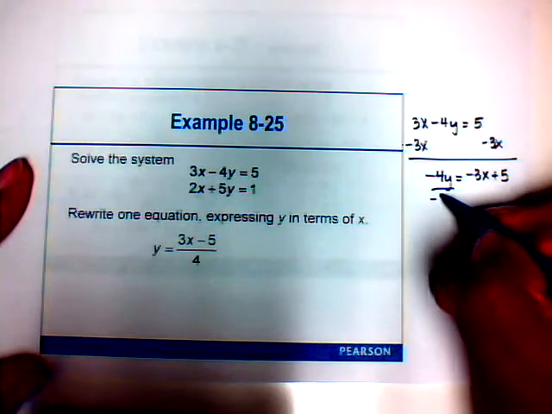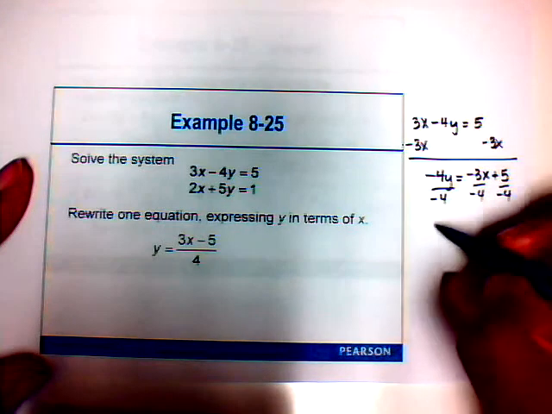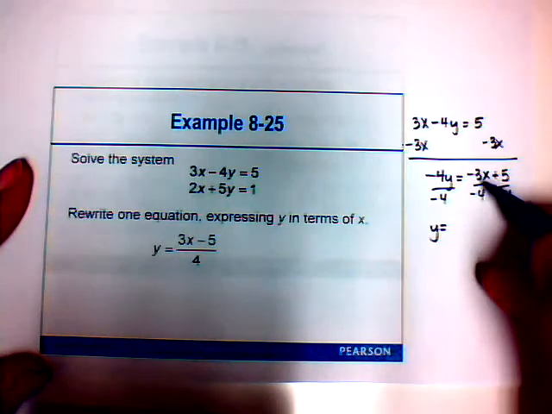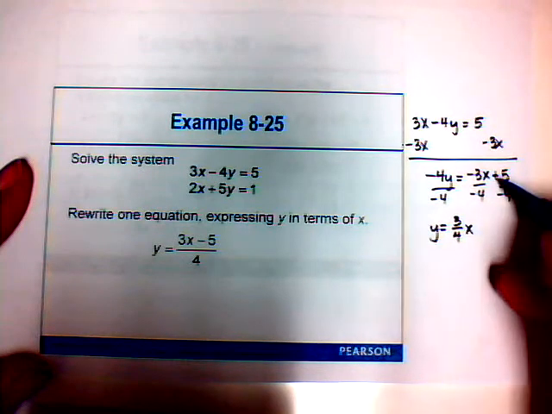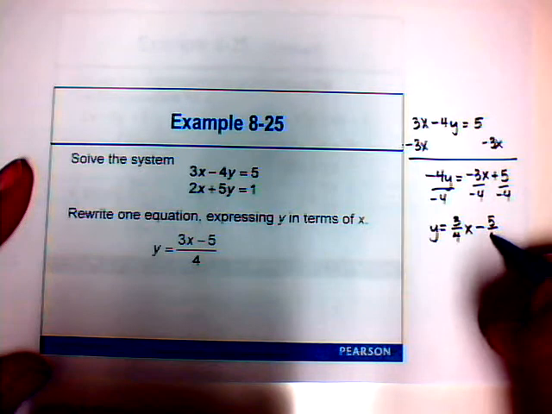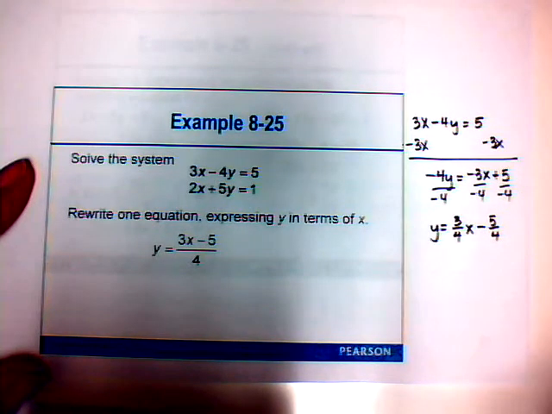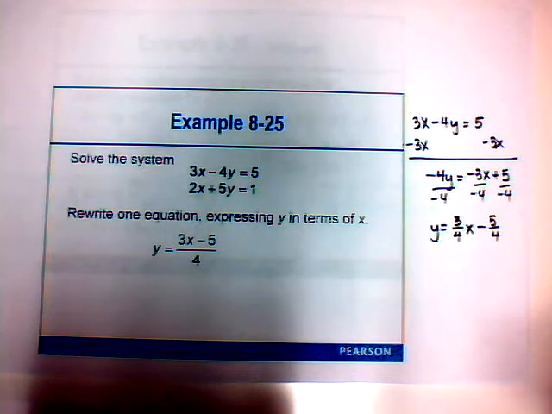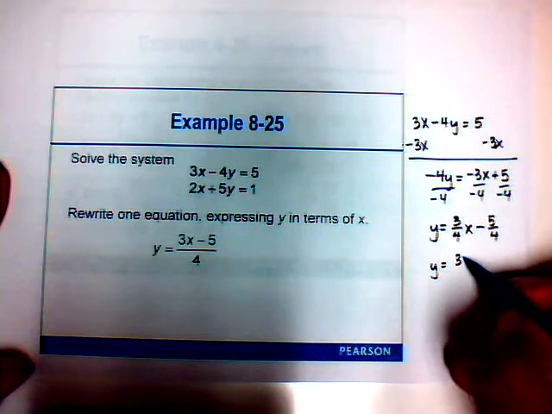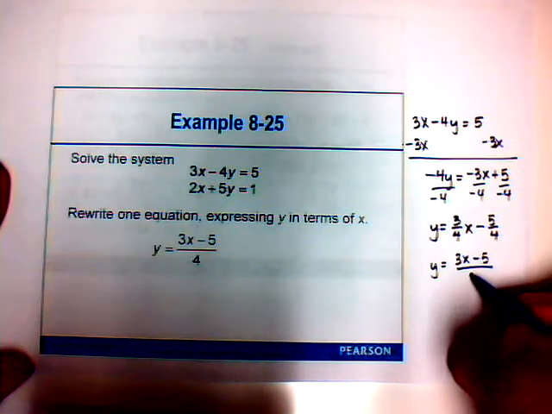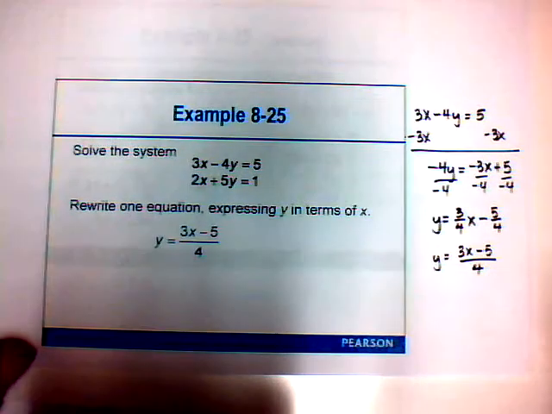And then to get the y by itself, you'll divide each and every term by negative 4, which means you're going to have y is equal to positive 3/4 x, and then negative 5/4, because positive divided by that negative will make that a minus sign. So now you have y is equal to negative 3/4 x minus 5/4. Or you can write that as y is equal to 3x minus 5 all over 4, because the common denominator is 4, which is what they have here.